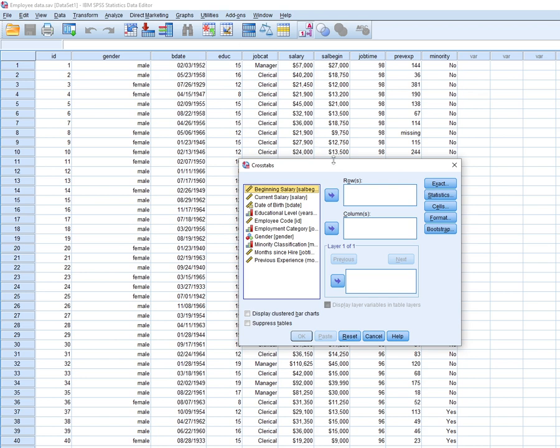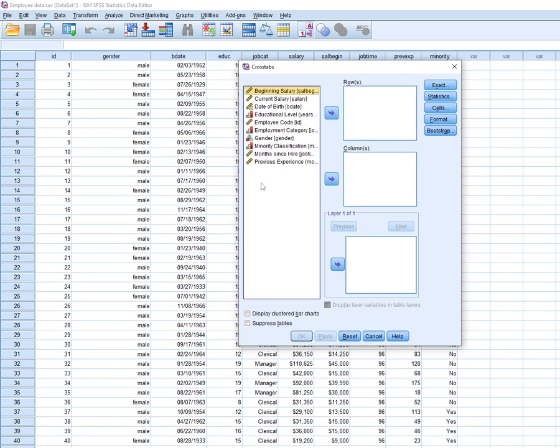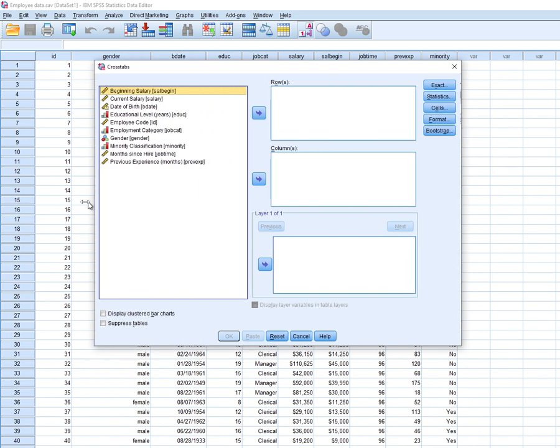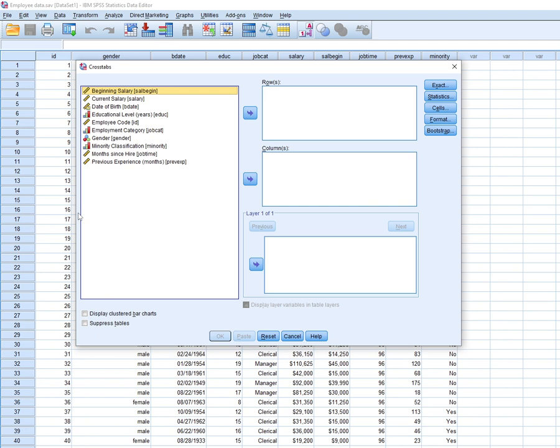With cross tabulation, it doesn't matter which one goes to the rows and which one goes to the columns. We call it a contingency table. So I'll transfer gender to the row section, and then employment category I'll transfer to the column.